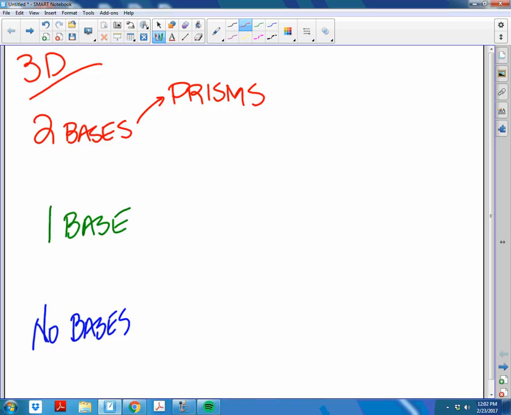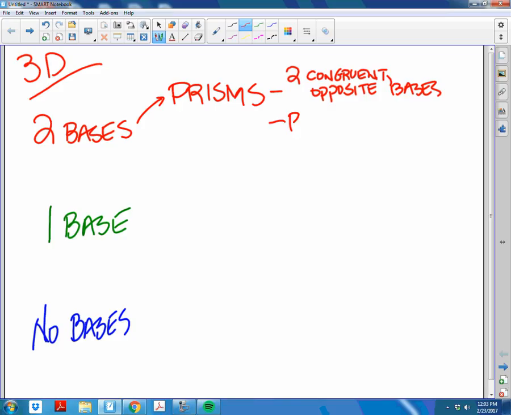They have two congruent, opposite bases. That means they are exactly the same shape and size. And by the way, it's how it gets its name. If it is a rectangular prism, then the bases are rectangles. If it's a triangular prism, then the bases are triangles. Okay? Two opposite congruent bases.